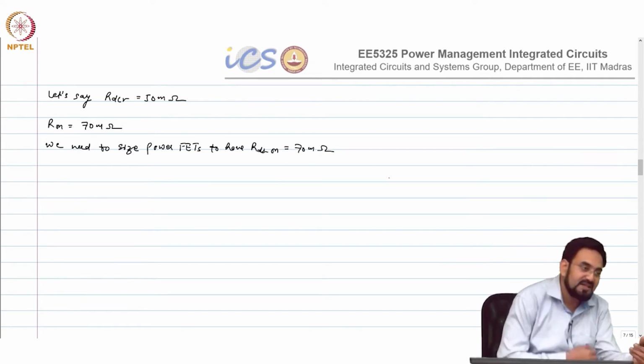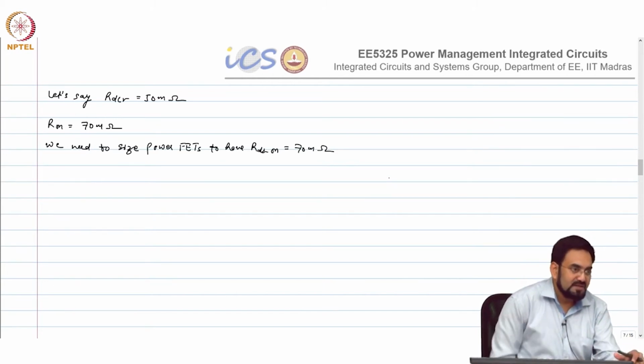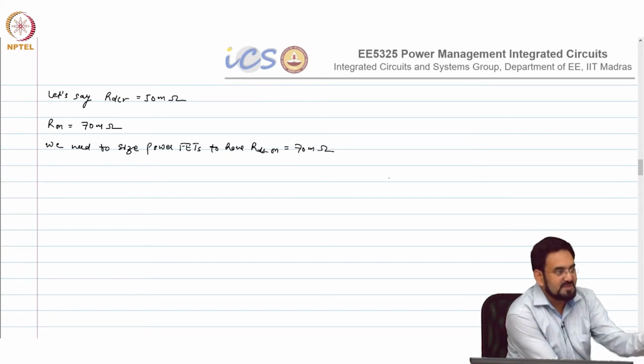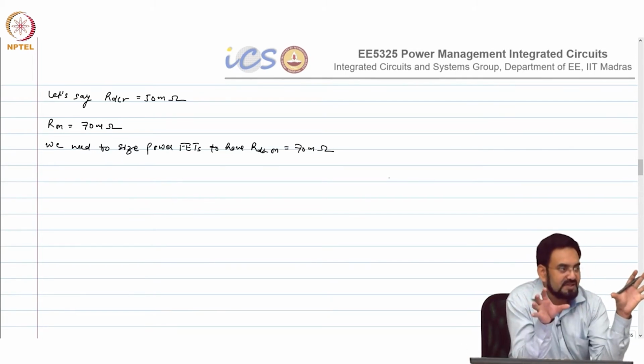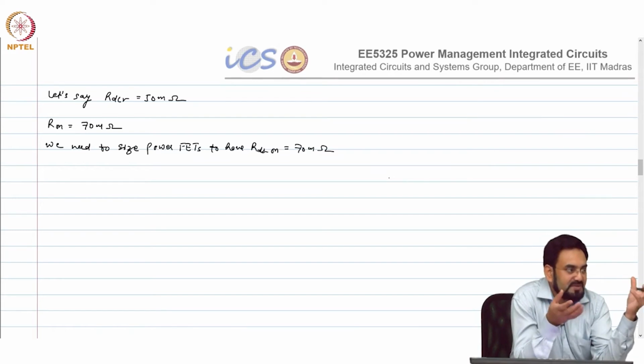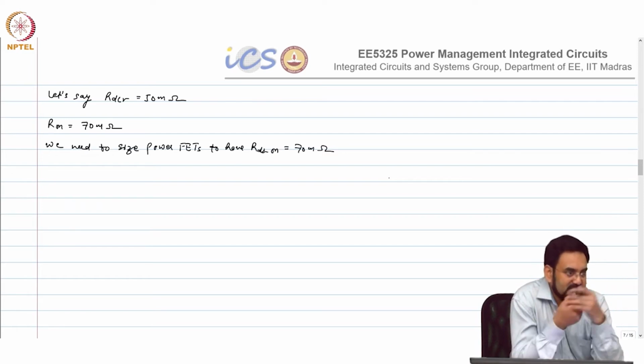And this is considering that both RDS on of P and N are the same, but you can choose different as long as your efficiency numbers are met. Okay, so let's say I am keeping the size of PMOS and NMOS same, and I know the mobility of PMOS is less, it may be 3 to 4 times less. So your RDS on of PMOS will be 3 to 4 times higher in that case. Okay, but it all depends what are the total losses.